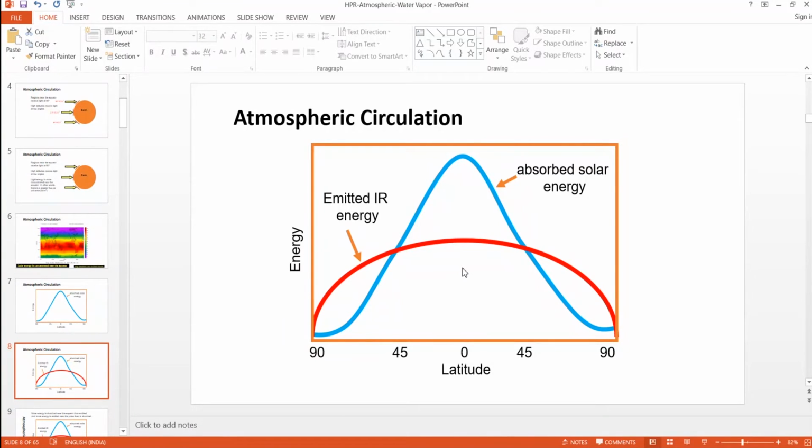This emitted solar energy is a function of the earth temperature. Although the maximum solar energy is absorbed at the equator, the average temperature of earth is almost constant.